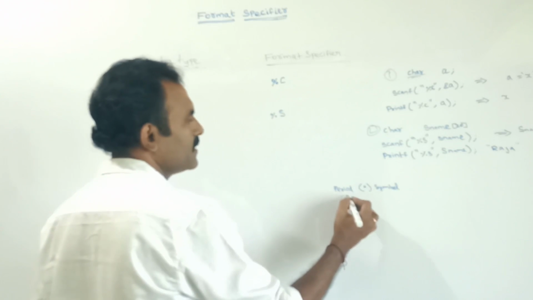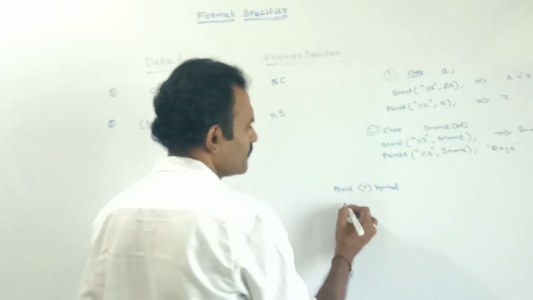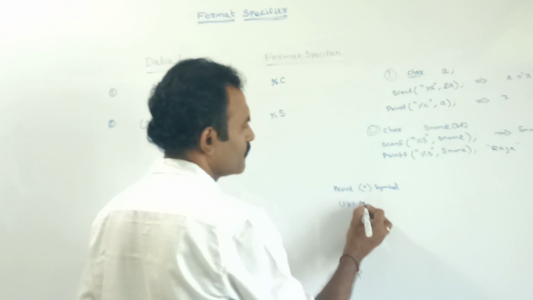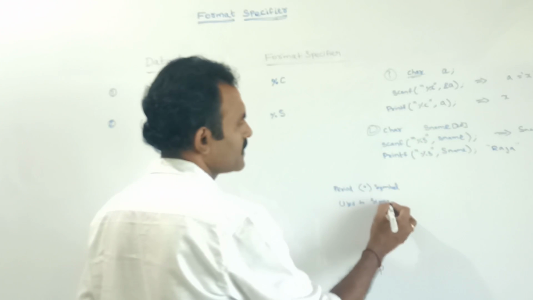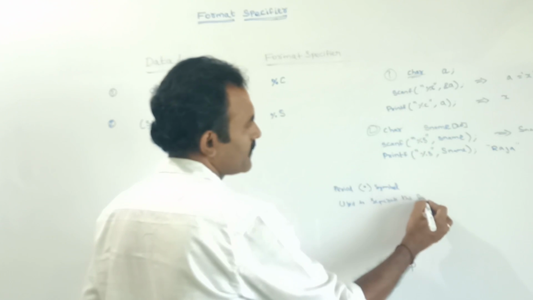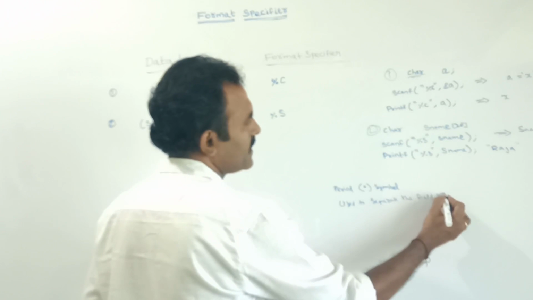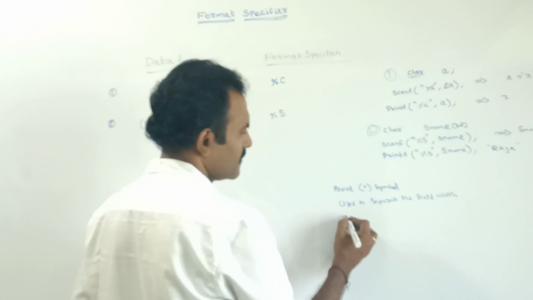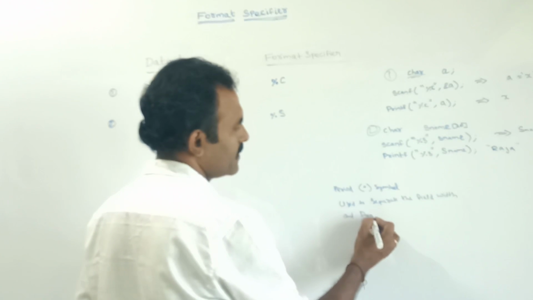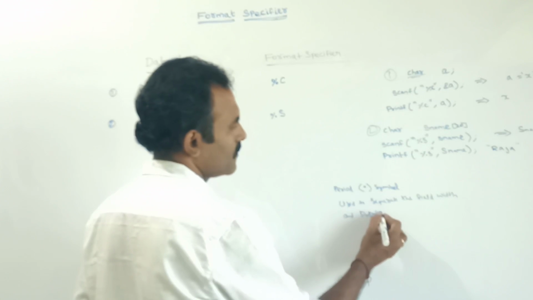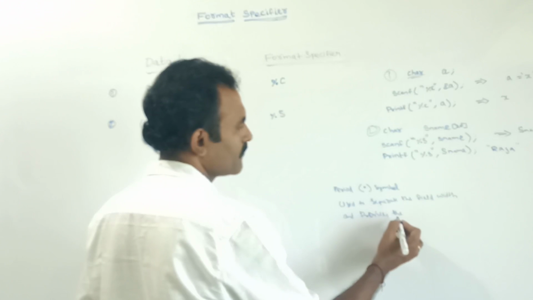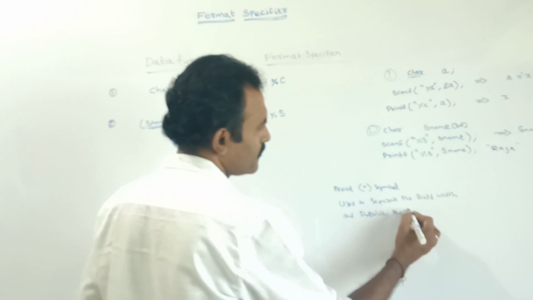This dot symbol is used to separate the field width and provides the precision.